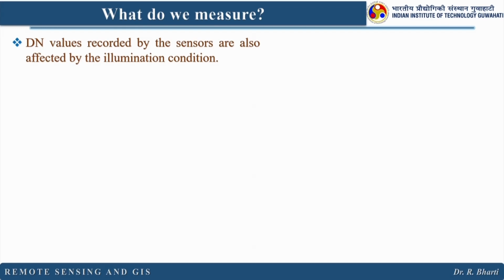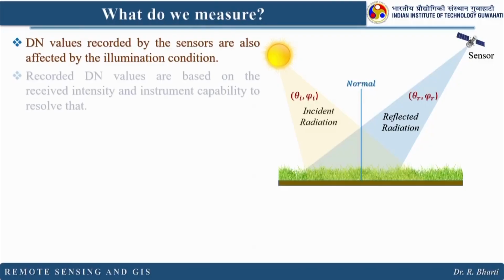As I told you earlier, if the area has a very sunny day, then you will have a higher value. If it is a cloudy day, then you will have a lower value. Recorded DN values are based on the received intensity and the instrument's capability to resolve that. This is also very important.